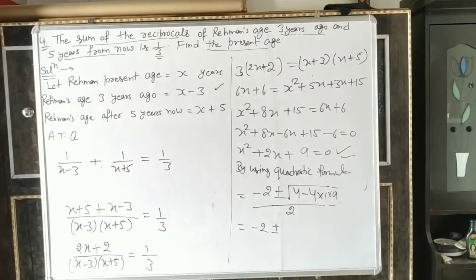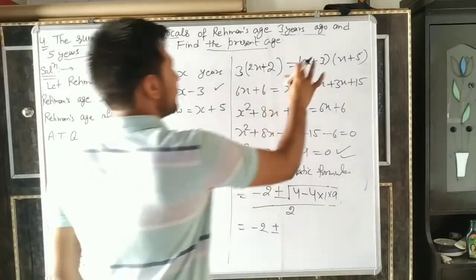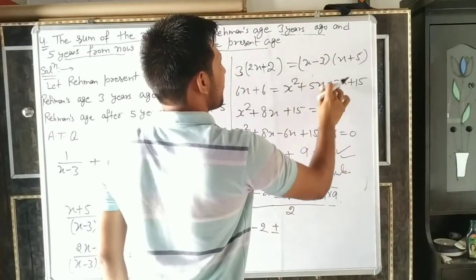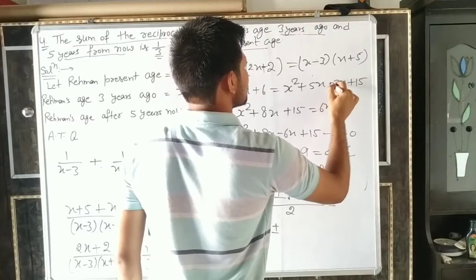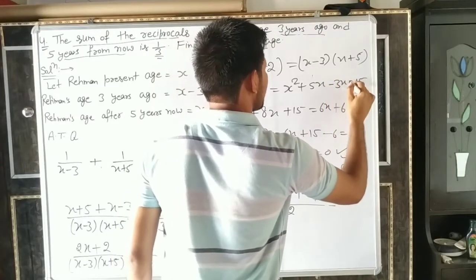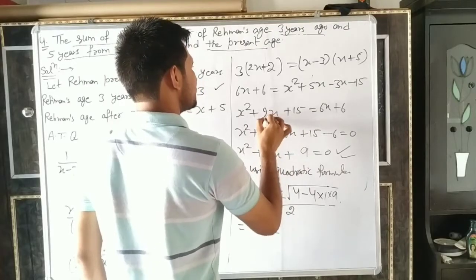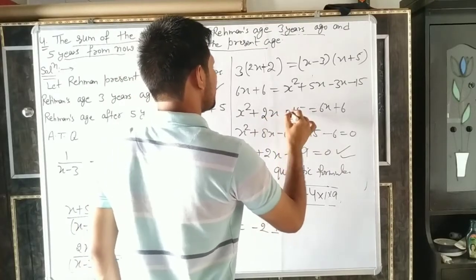And one more mistake here. It is x minus 3. We wrote here positive, negative. So again minus 3x and minus 15. We did. So 5x minus 3x, it is 2x. It is negative.